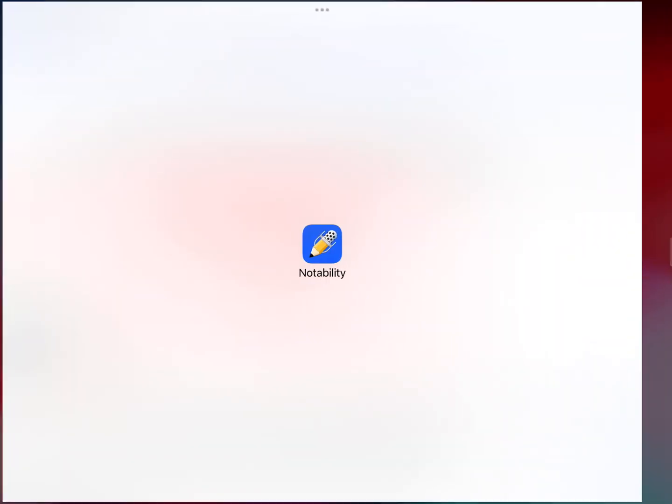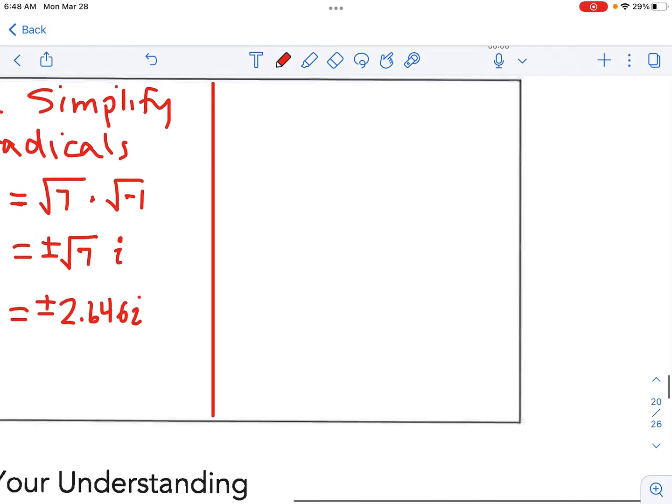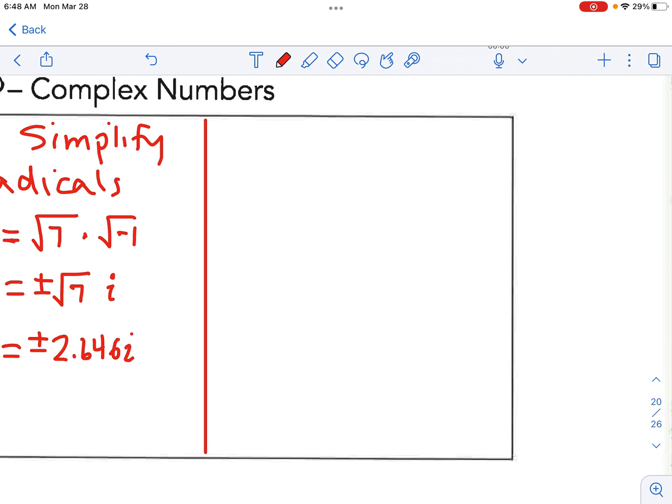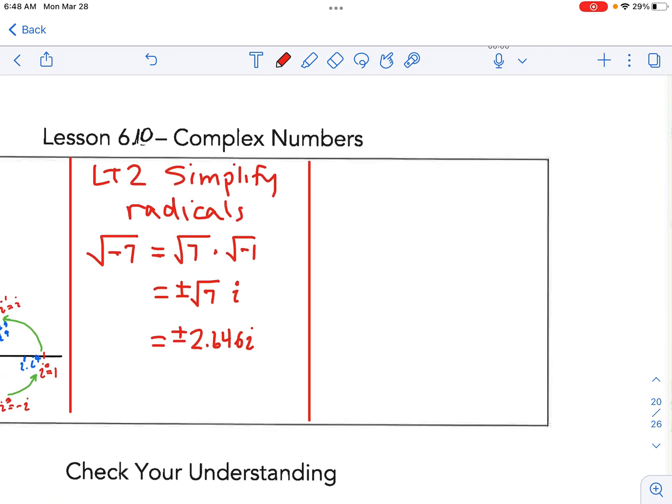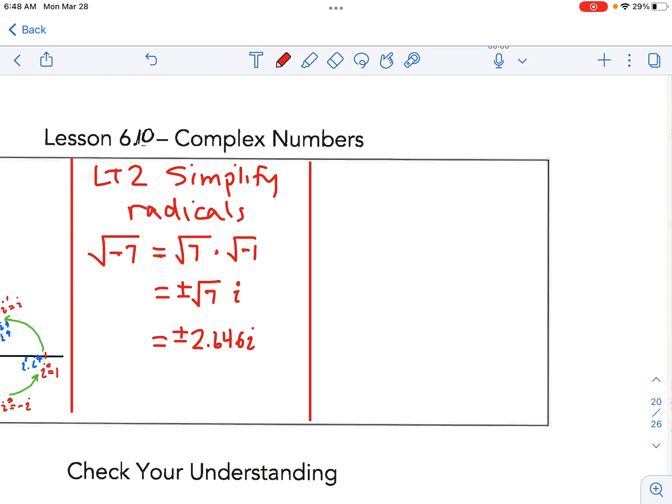And then learning target number 3, because we're talking about radicals, when we do process that with a negative square root, we get that plus or minus.